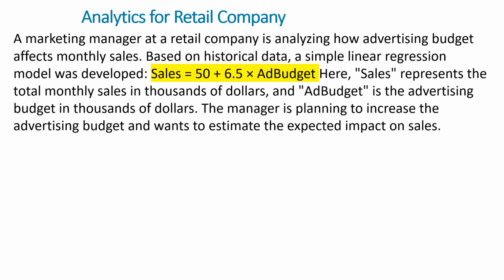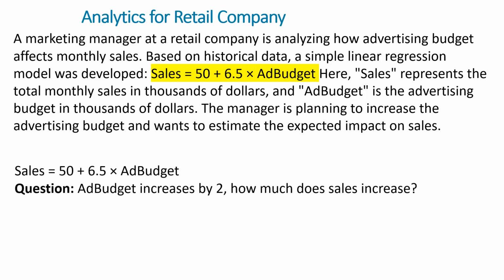Right now, a manager plans to increase the advertisement budget and wants to estimate the expected impact on sales. So you can say you want to spend 2000 on advertisement, put in the advertisement budget, and predict the sales, right?